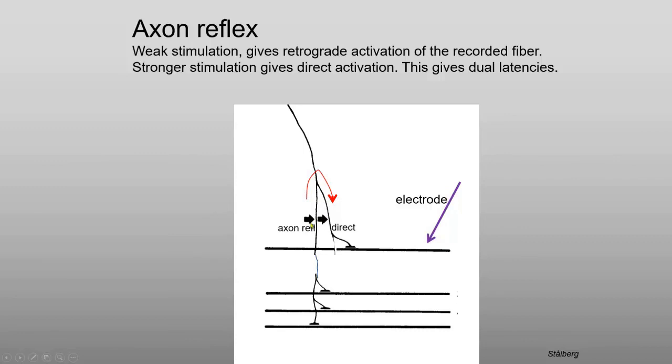With stronger stimulation, the electric field is increasing and will reach this part of the axon, closer to the muscle fiber, and therefore a shorter latency. The latency difference corresponds to the time on the axon reflex.